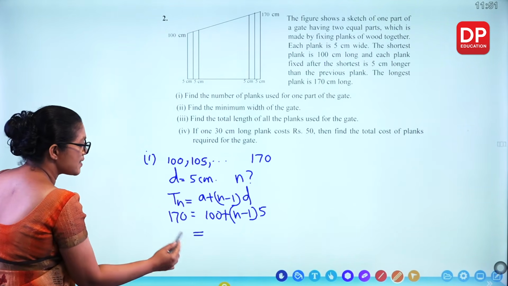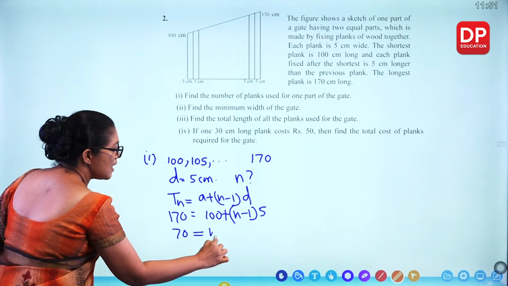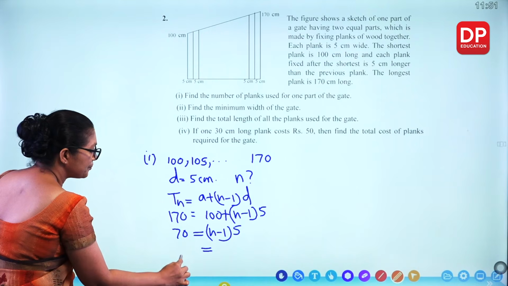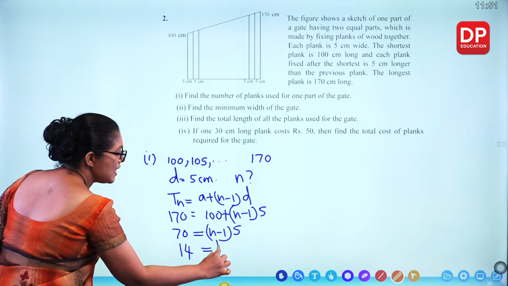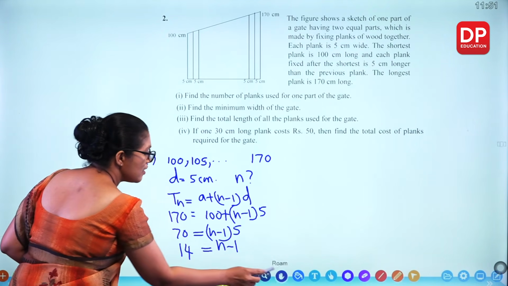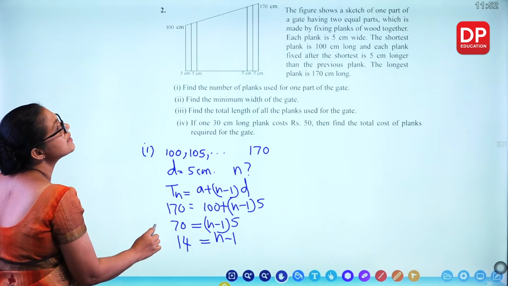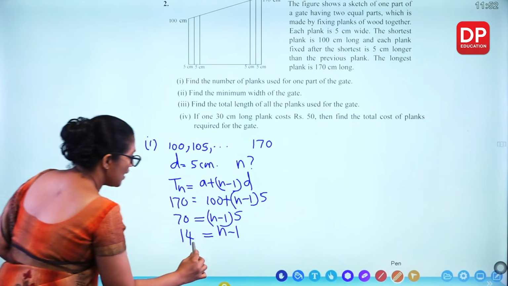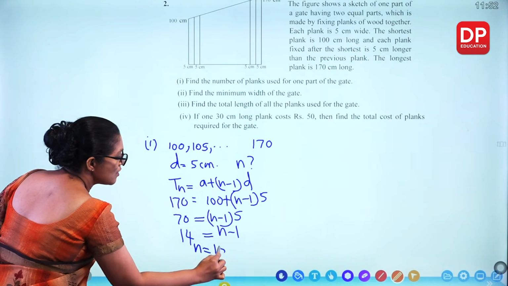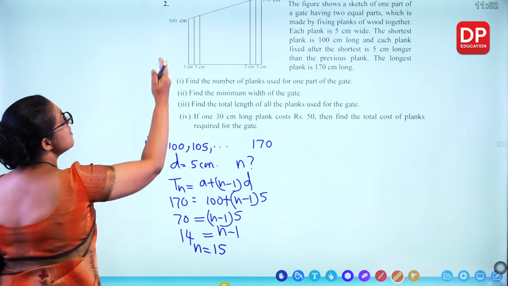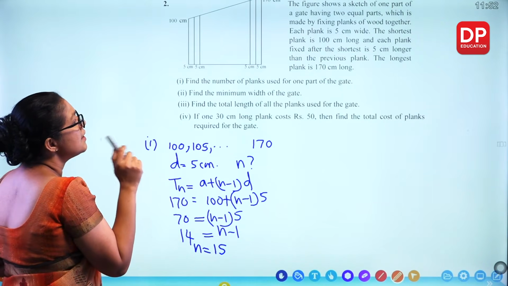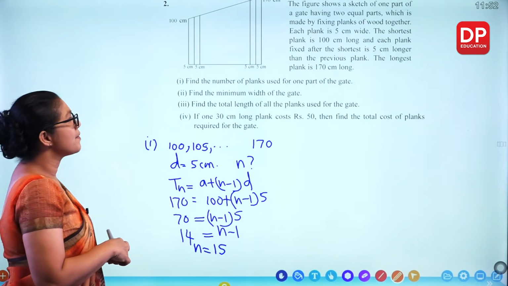So when you subtract 100, you get 70. (n minus 1) into 5, divide by 5. You get 14 equals n minus 1. So n equals 15. So that means we need 15 planks to make one side of the gate.